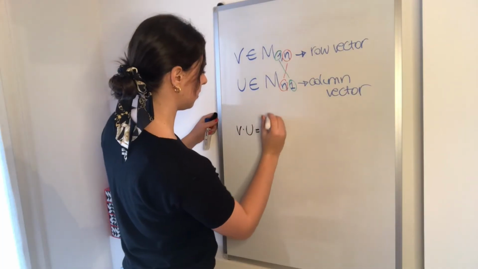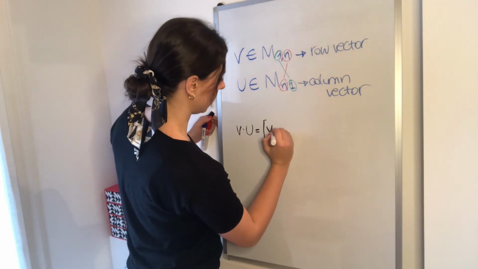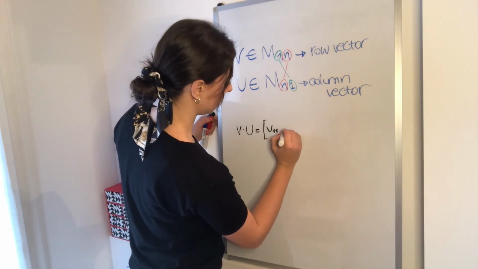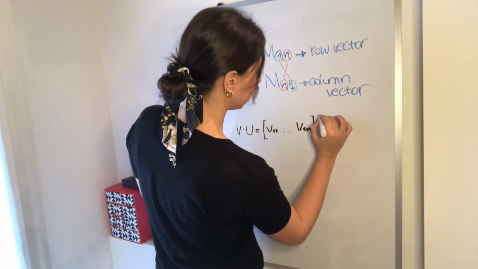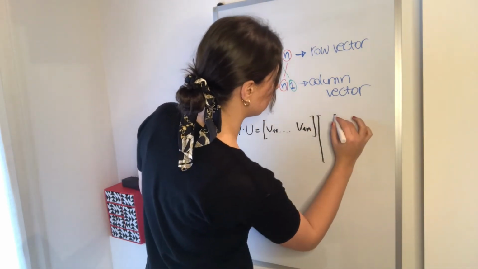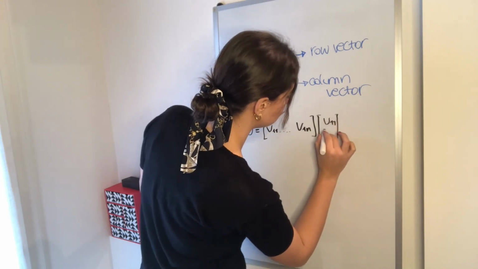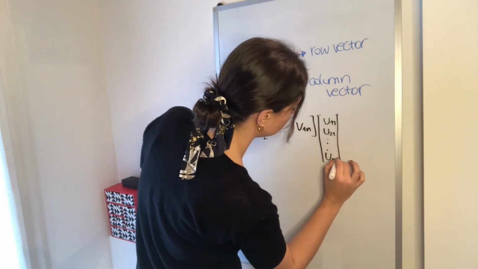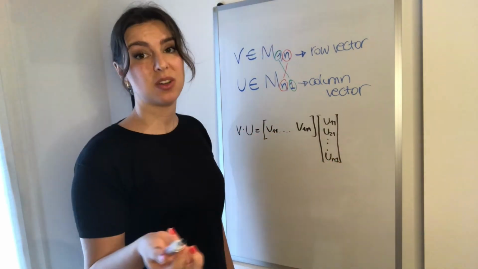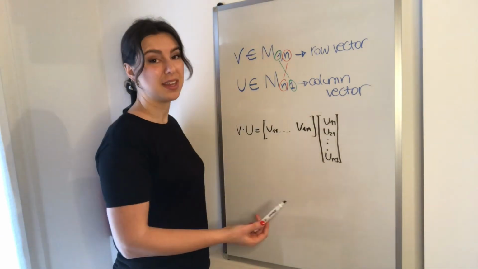By u equal to row vector v1n and u11, u21, and so on until n1. All you do is summing all of them.